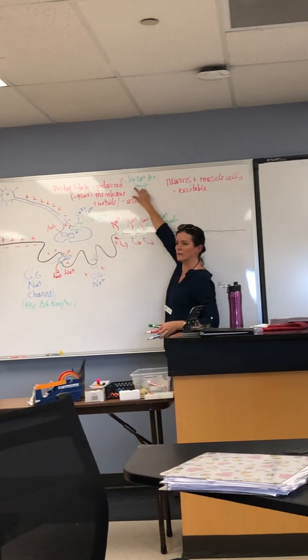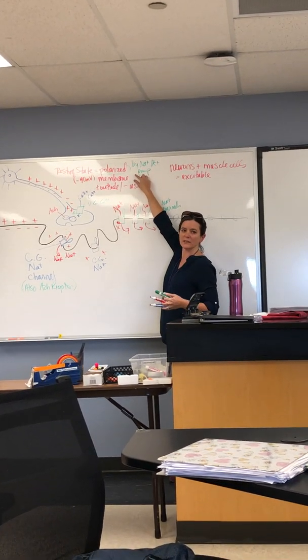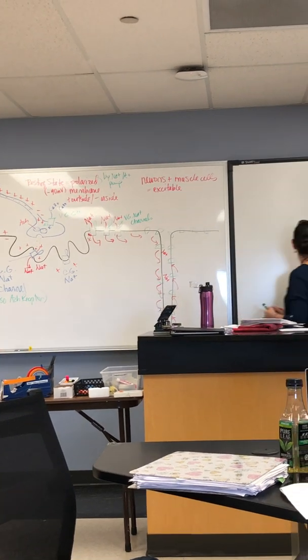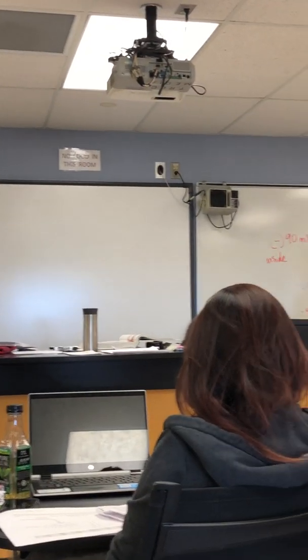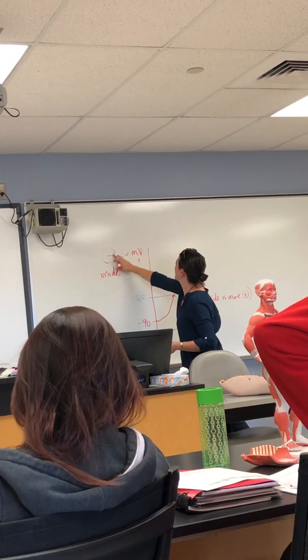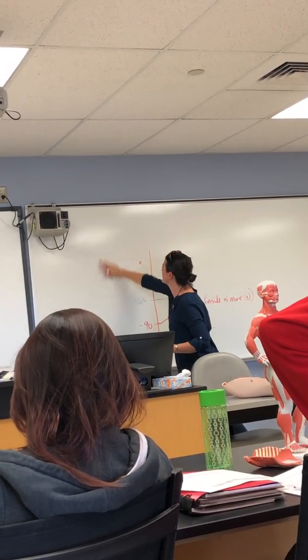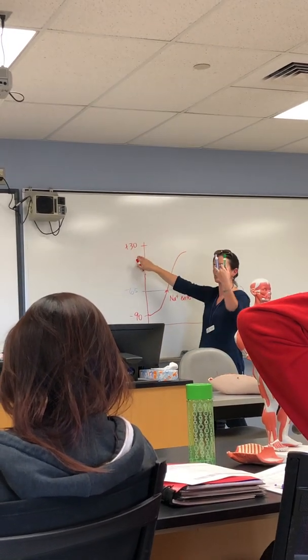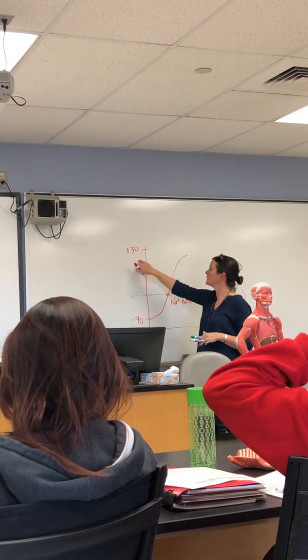Right, that separation. Depolarization is like saying we're undoing that. Okay? And so we get enough sodium in that we actually go up and we flip the membrane potential to a positive. Now it's positive on the inside because we've let so much sodium in.